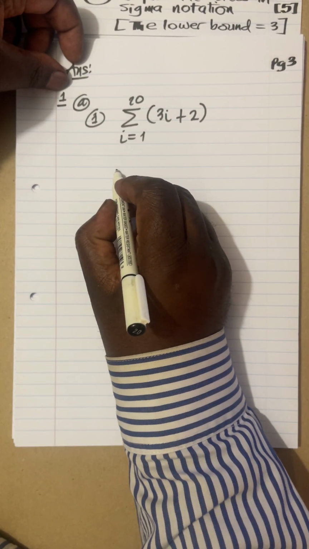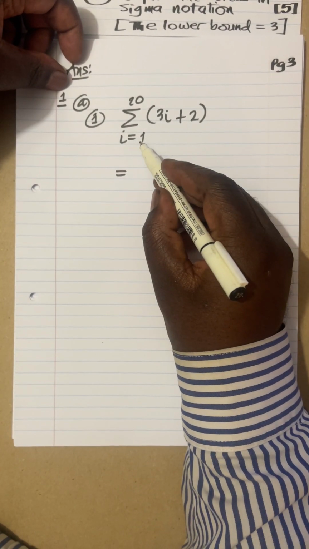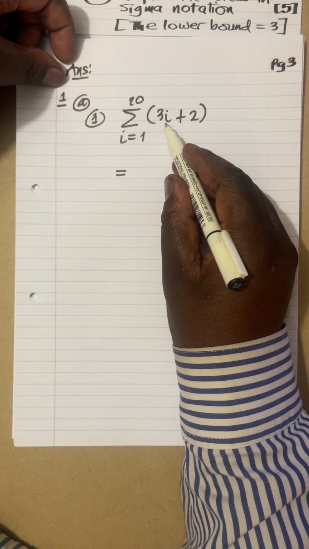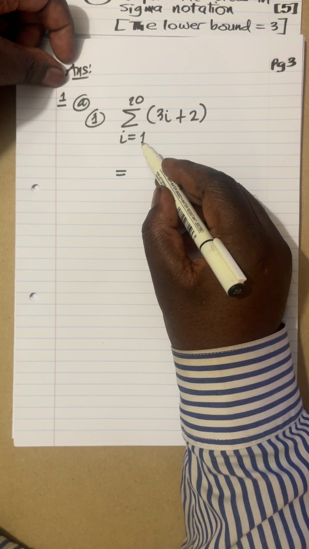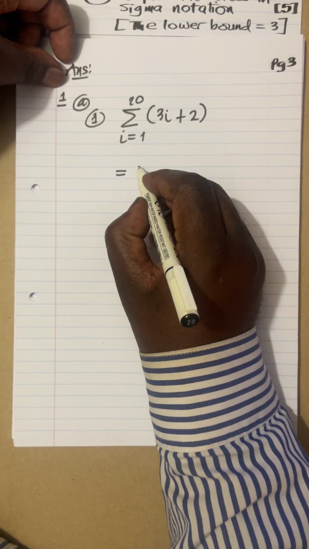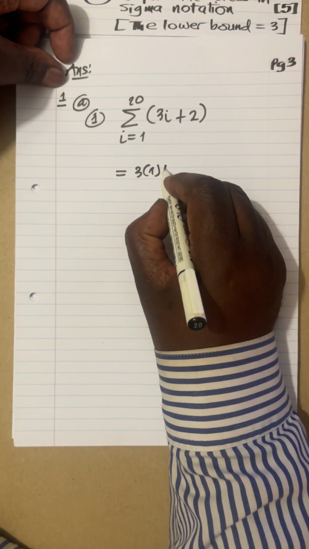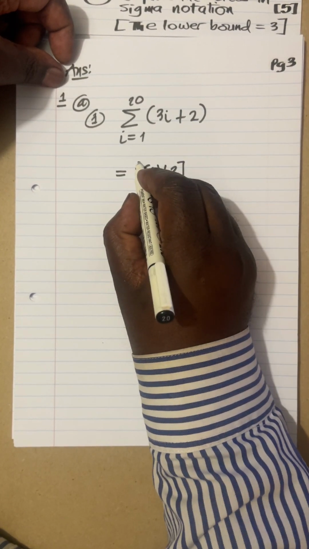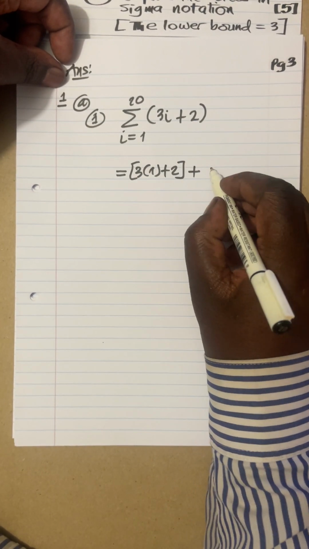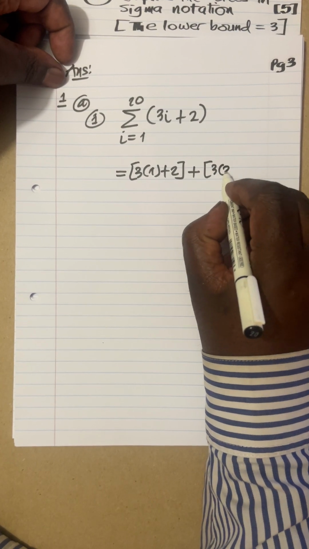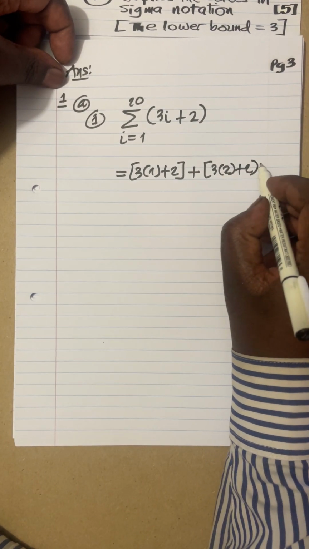So we're going to do the following. This is going to be equal to, substitute 1 into that place where there's i, and you're counting obviously from 1 going up to 20. So this will be 3 times 1 plus 2, that's the first term. And then the second term, from 1 you go to 2, it will be 3 times 2 plus 2.